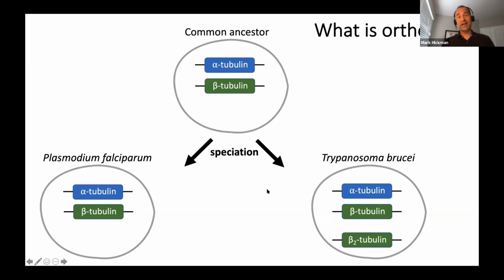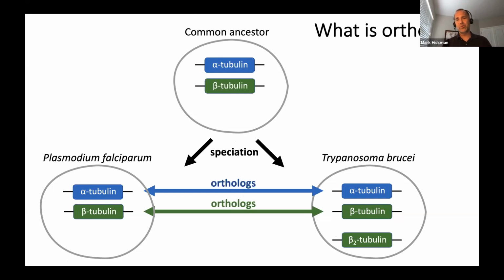How did they arise? Well, they arose from a common ancestor. That common ancestor had that alpha version and that beta version. Through a speciation, you ended up with the two species, and they each had an alpha tubulin and a beta tubulin. So those are considered orthologs.